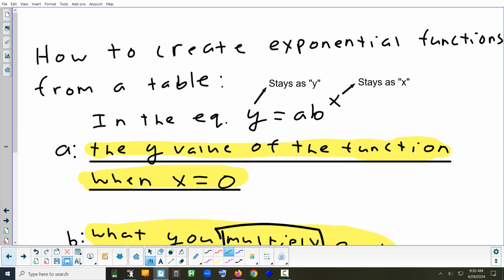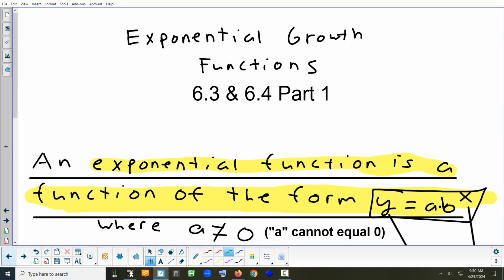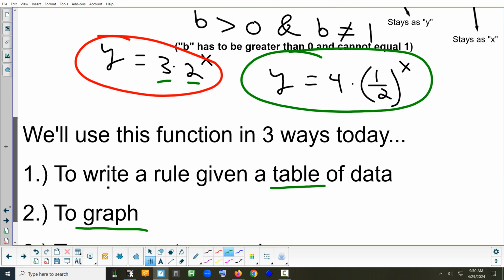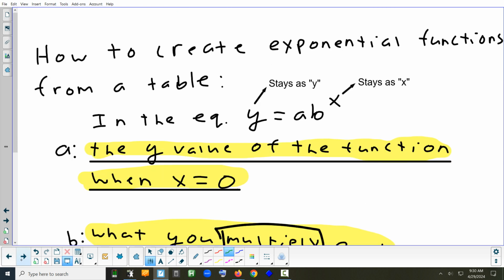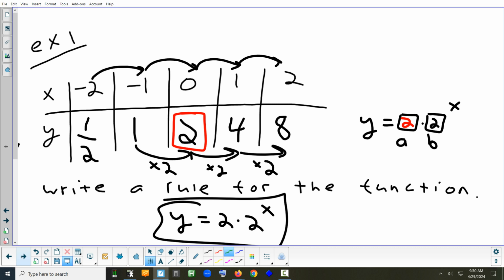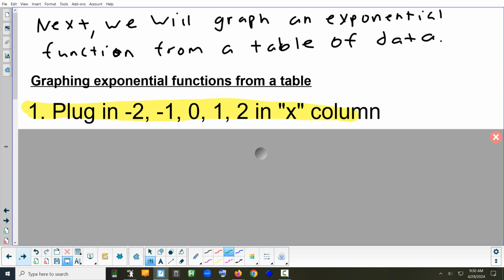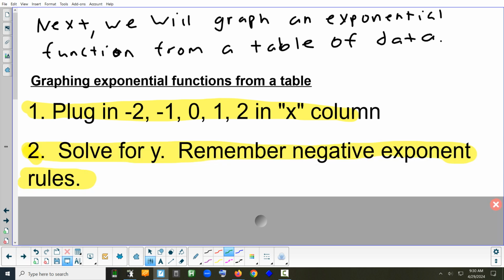That's what we were doing when we did this part right here. Well, we did it somewhere, when I went back and we did the warm up again, because we were having a little trouble plugging in those negatives. But that's what you're going to have to do. You're going to plug in all these numbers yourself. Once you plug those numbers in, you're going to fill in all the y values.